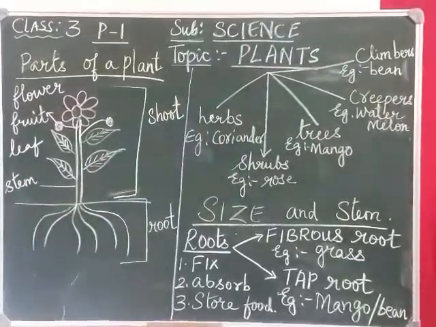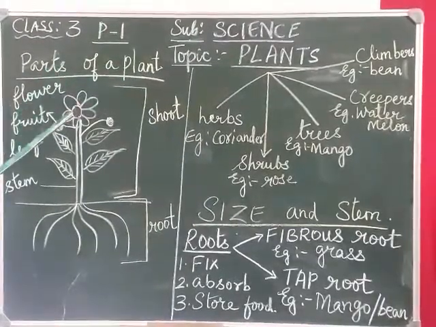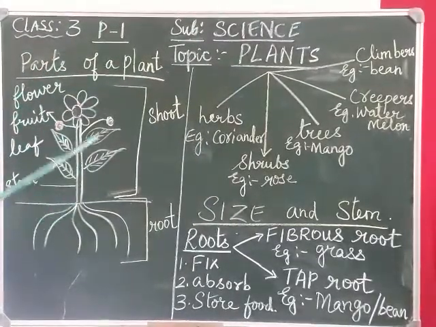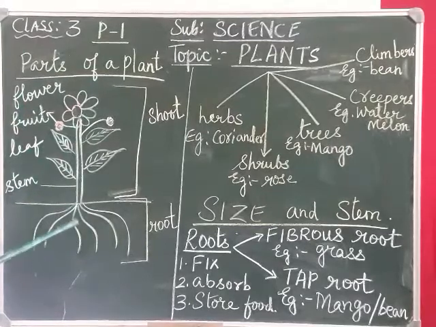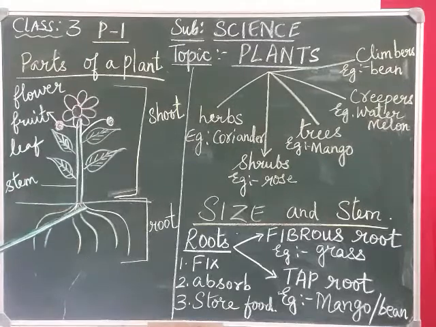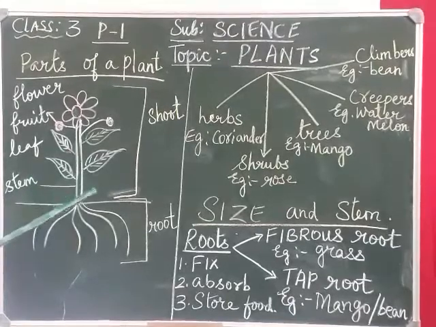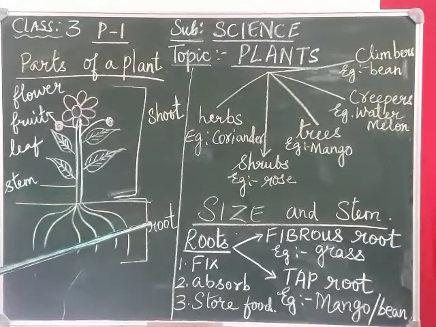So next we will come to parts of a plant. Now mostly the plant is divided into 2 parts. The plant is divided into how many parts? 2 parts. The underground part, which we cannot see from outside, is known as the root.